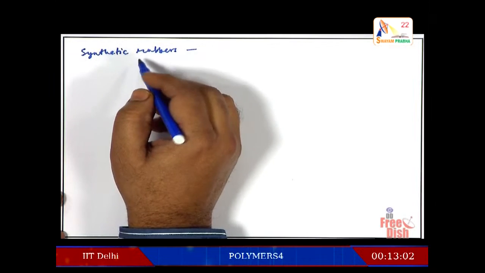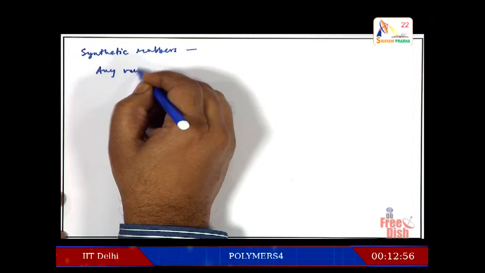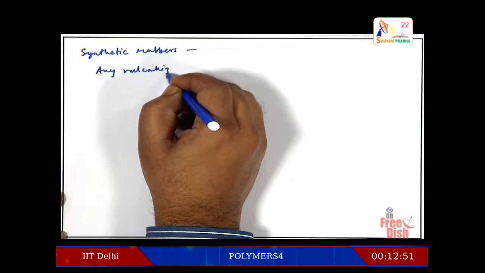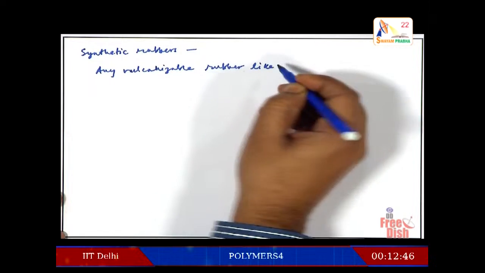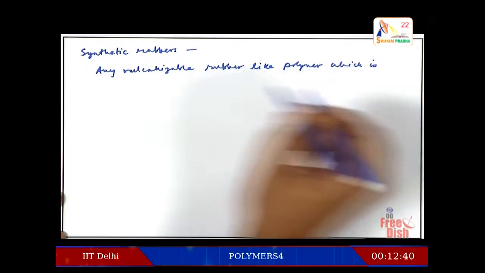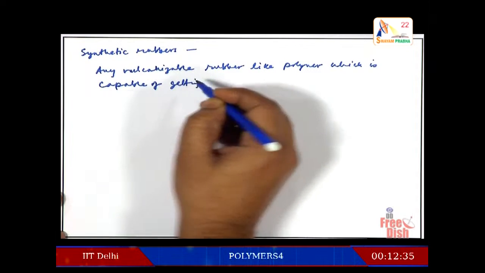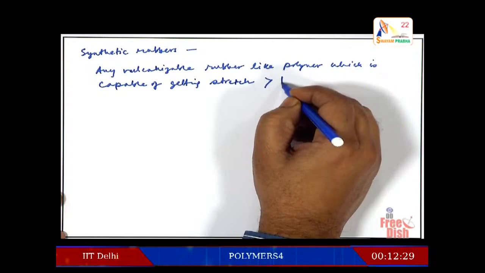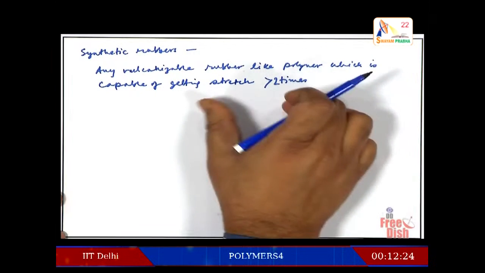Synthetic rubbers are basically any vulcanizable rubber-like polymer which is capable of getting stretched at least 2 times the original length, and this stretching is reversible.